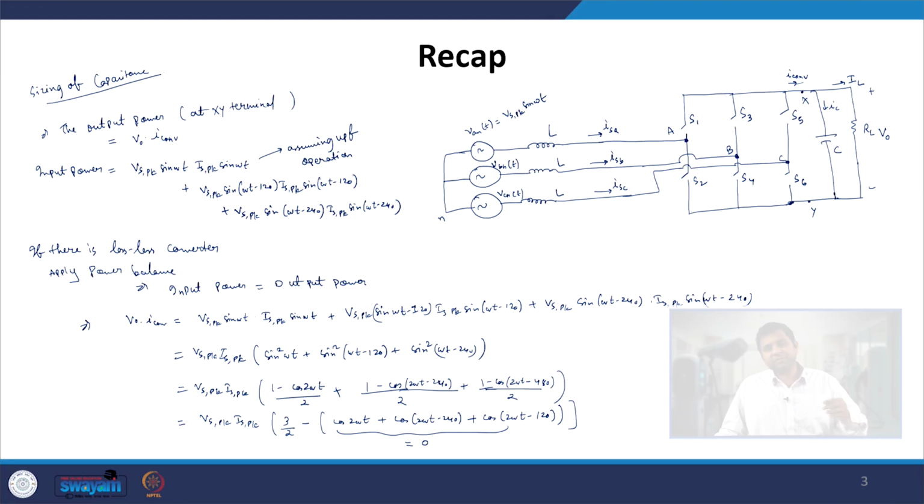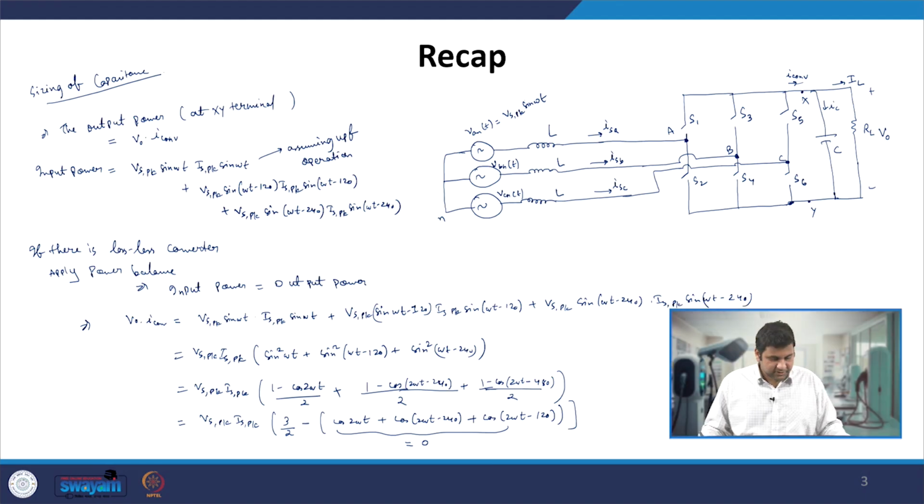The capacitor size can then be selected in such a manner that the second line harmonic voltage ripple is within the permissible limit given in the specification.